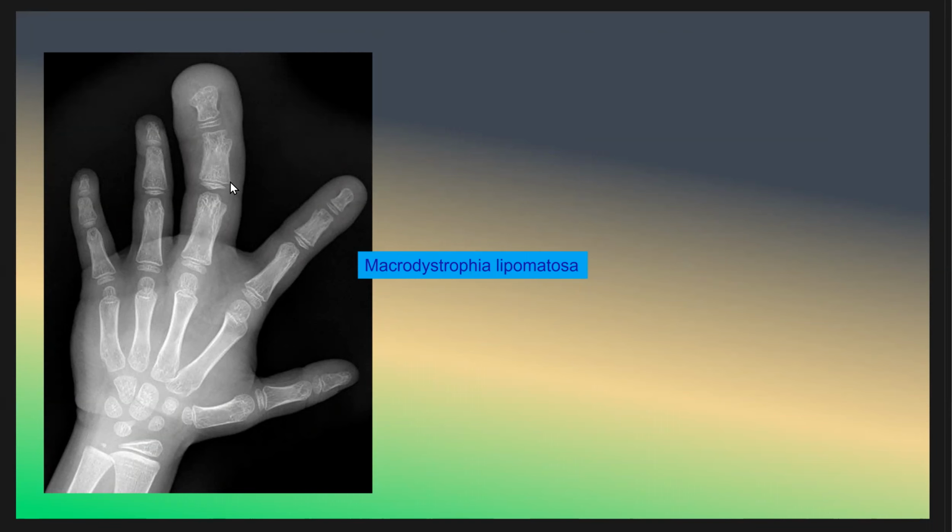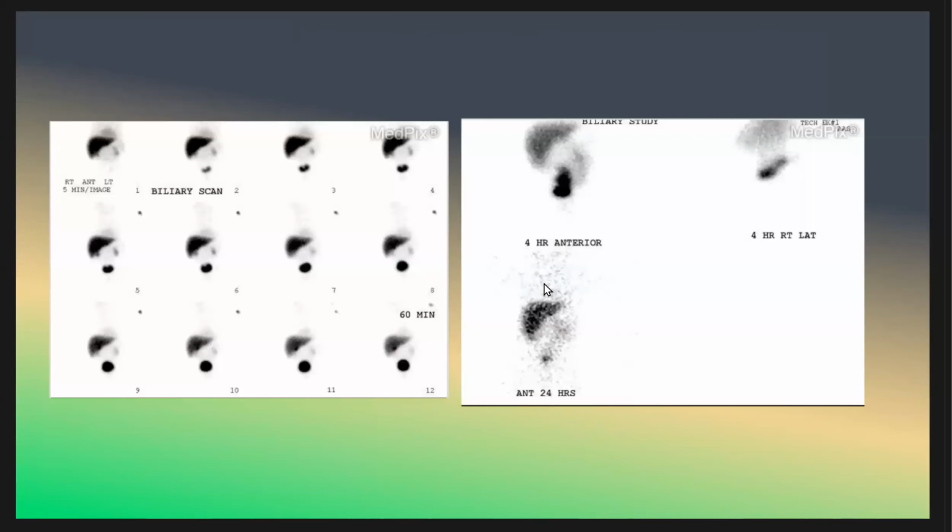It is an enlarged middle finger, the soft tissue and the bone, and it is consistent with macrodystrophia lipomatosa. Macrodystrophia lipomatosa.